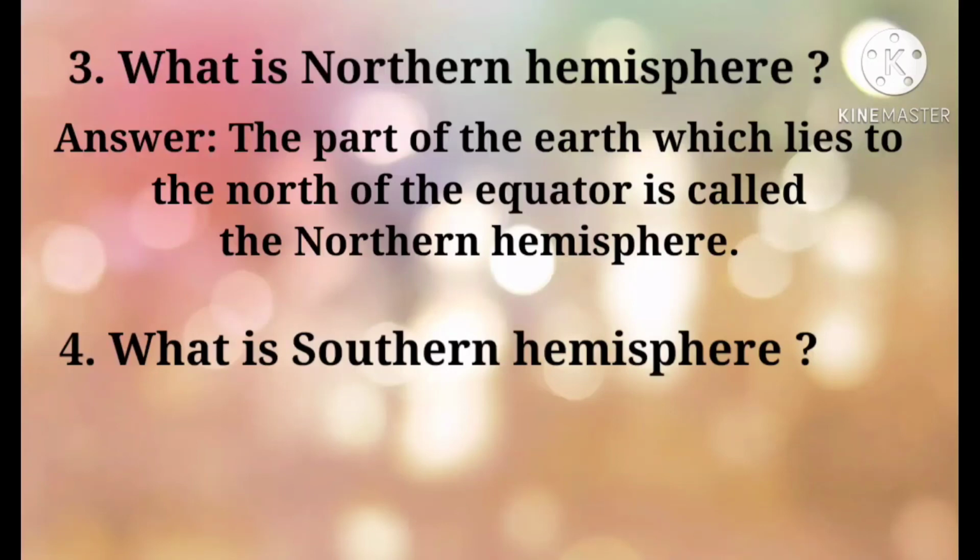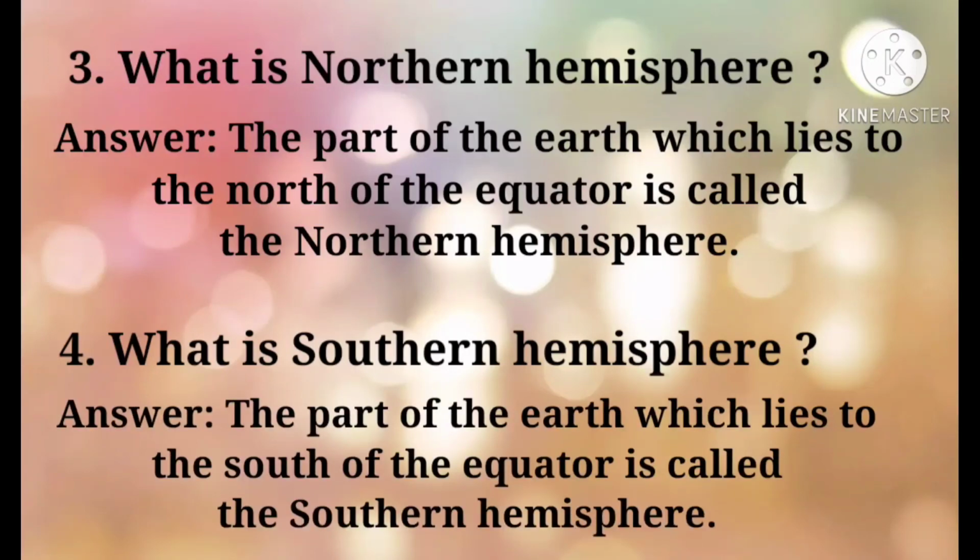The answer is the part of the earth which lies to the south of the equator is called the Southern Hemisphere. Means the part of the earth which lies on the south side of the equator, that we call the Southern Hemisphere.